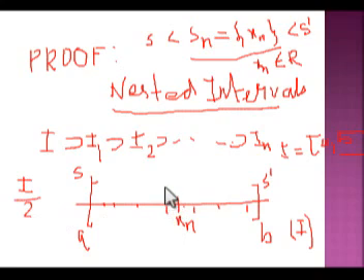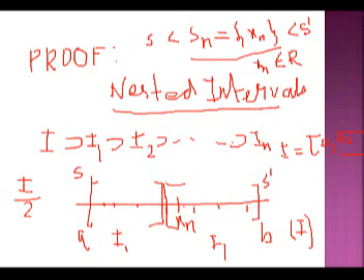Here this is one half and this is the other half. These are I1, the first part after division and the second part after division, and both are equal. Now, in which interval xn belongs to, we'll take that interval.